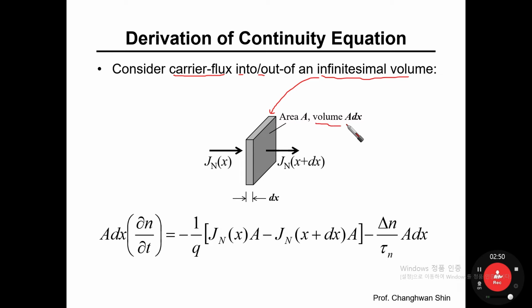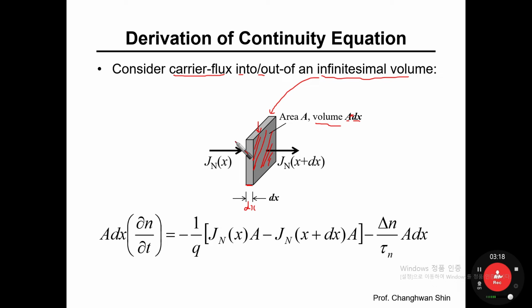Say the volume is A times dx. A indicates the cross-sectional area, and the side length of this infinitesimal volume is dx, very small x. So A times dx indicates the volume of this infinitesimal cube.